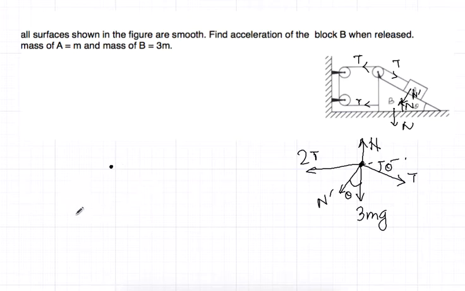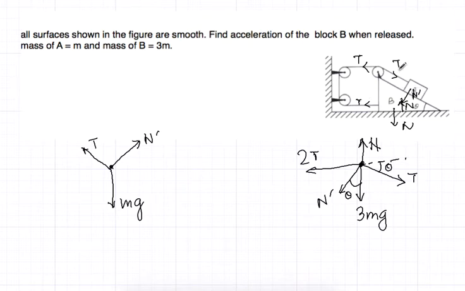This tension T in this direction. There is a force N dash. Force mg, because this mass is m. Any other force? I don't think so.